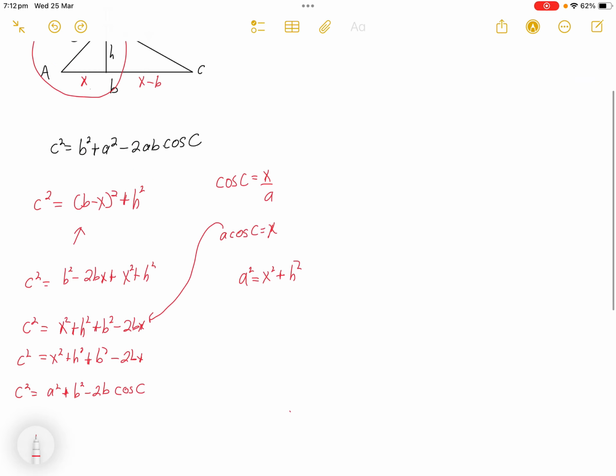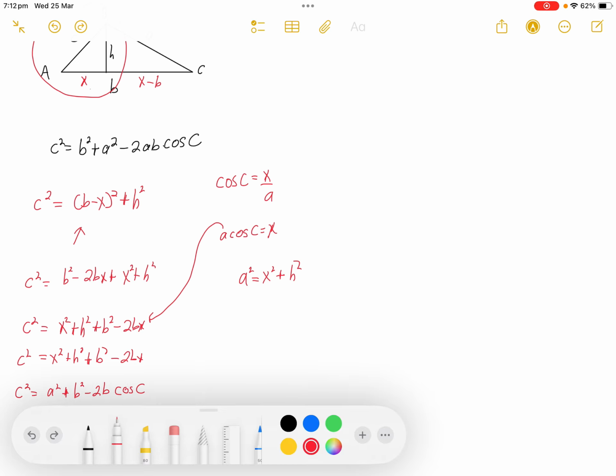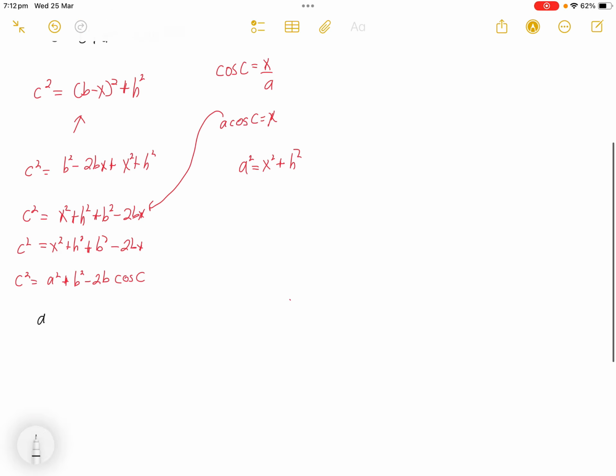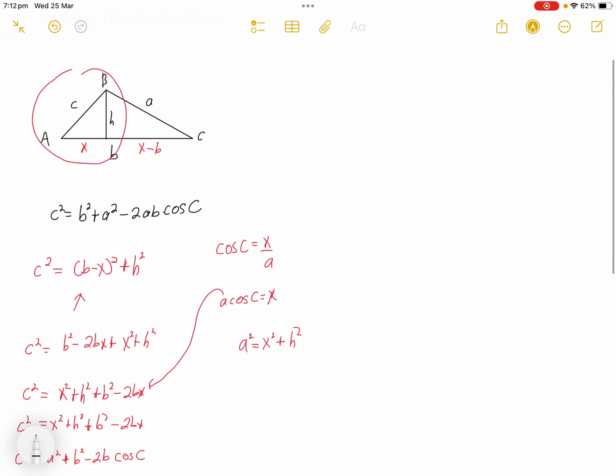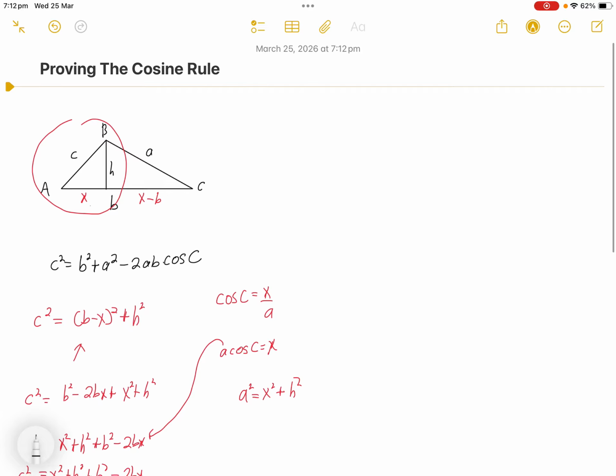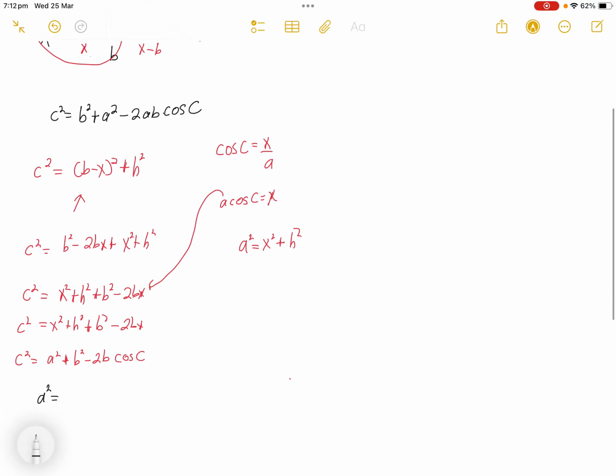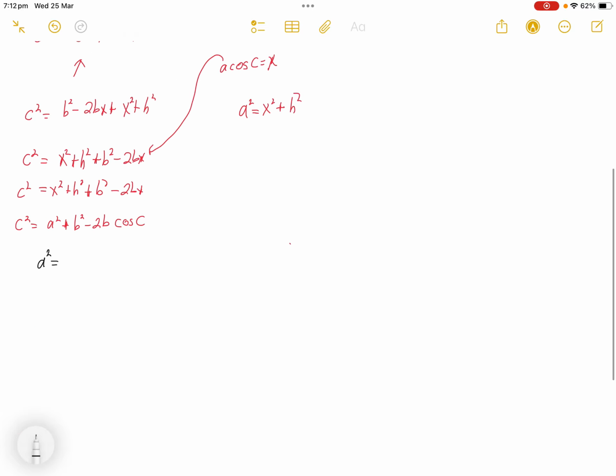And again, we're going to do the same thing with a. This is going to be x minus b squared plus h squared.